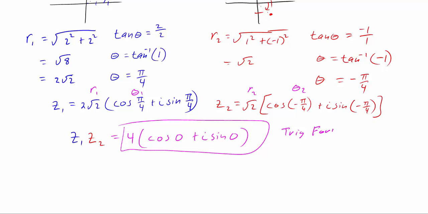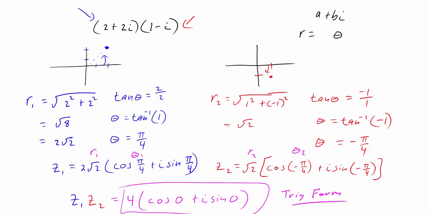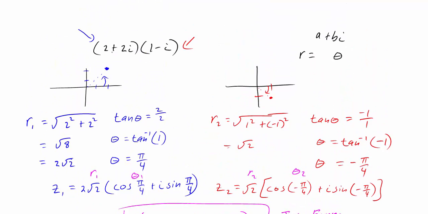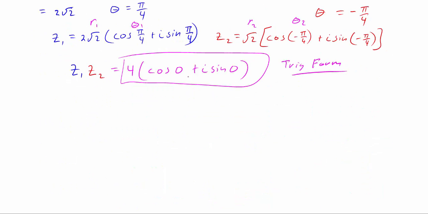And if we wanted to, because the original problem started out in standard form, 2 plus 2i times 1 minus i, then we could certainly change this to standard form. And to do that, we would just simply take 4 times the cosine of 0 plus 4 times the i sine of 0. Well, the cosine of 0, that's going to be equal to 1.